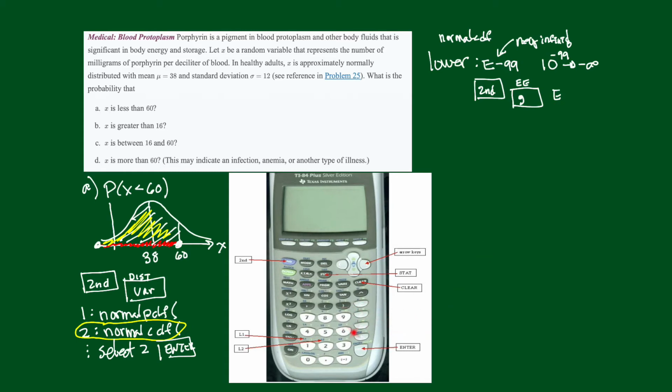It's this negative key. You just press that key right there, and then you get a negative sign. And then put 99. Now press enter. So you've got lower. Then the next thing that comes up is upper.